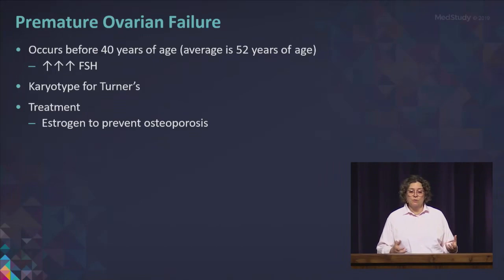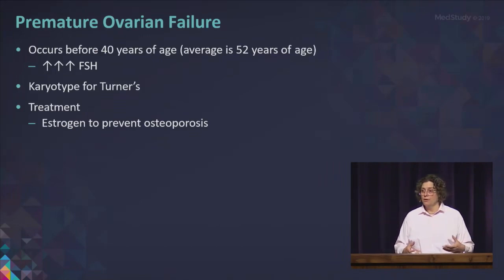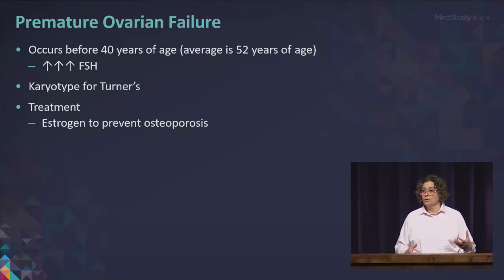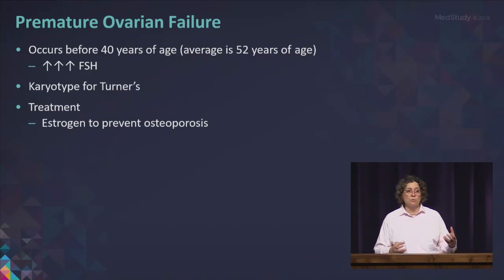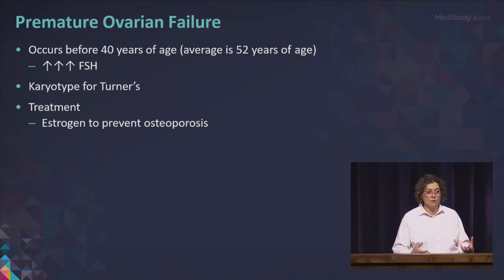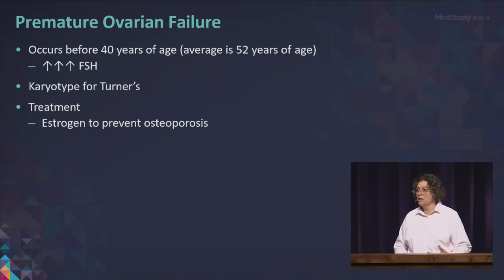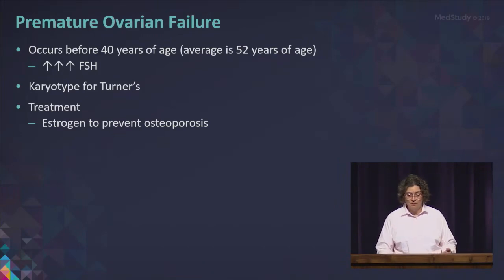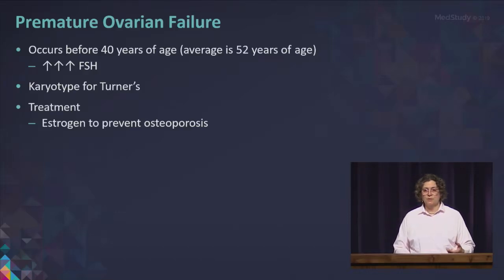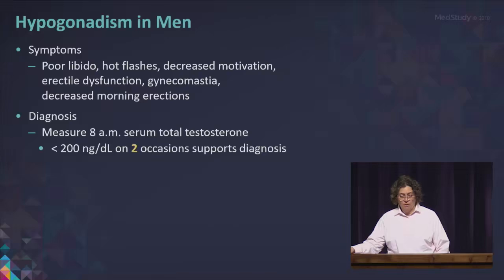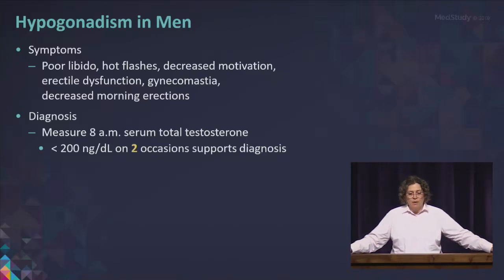Whenever you diagnose premature ovarian failure before the age of 40, you do want to consider sending out a karyotype for Turner's, because if Turner's is diagnosed, we do have other things that we need to do to care for this patient. You can also consider an evaluation for Fragile X, but that doesn't have any other evaluation that needs to be done if they are diagnosed as a carrier. And the treatment is to target bone health and overall quality of life, and generally the mainstay of treatment is estrogen.